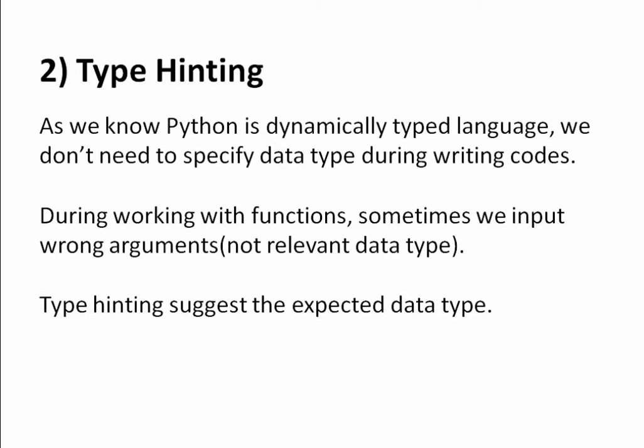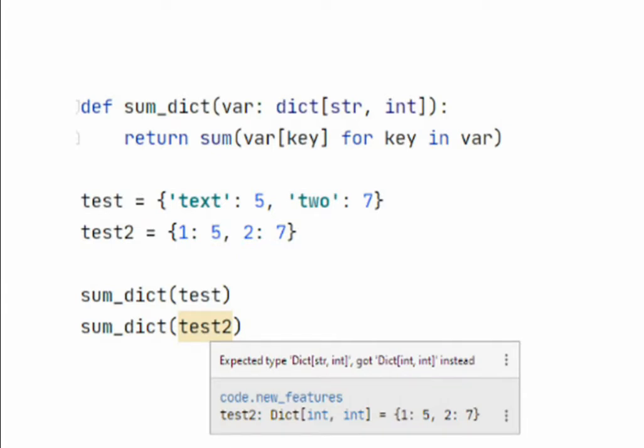This is an example of type hinting. Suppose in the first line there is a function, sum dict, and we take a dictionary with two arguments: the first is the string type and the next one is the integer type. As you can see, in test 1 all the values are okay: the key is a string and the value is an integer. For test 2, the key and value are both integers.